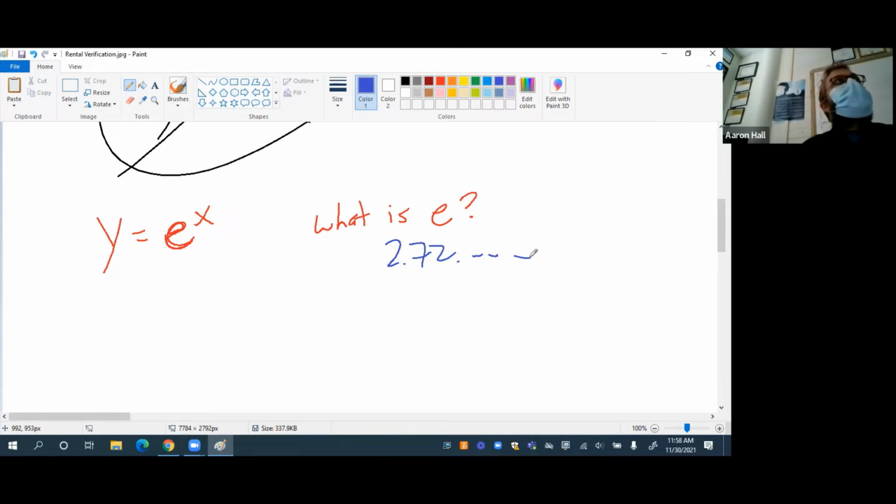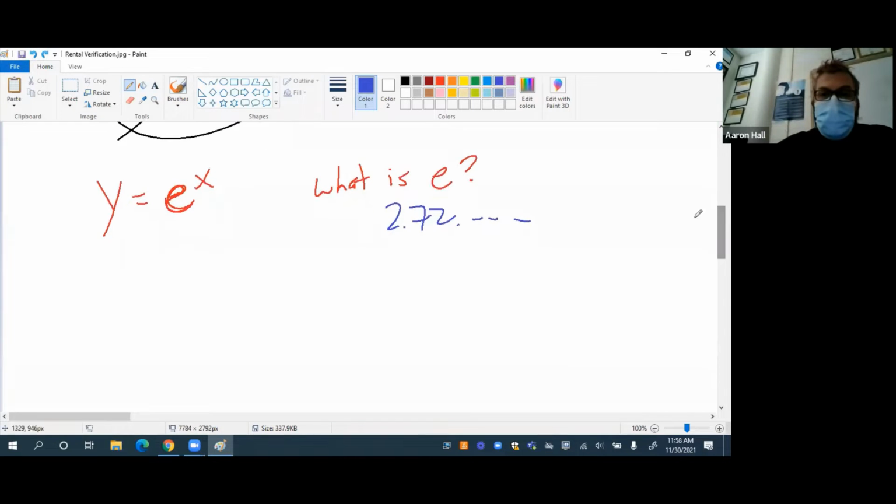Some people call it Euler's number, and maybe that's what the e stands for, Euler, or maybe not. I don't know. But we have this value of e that we use when we compound continuously. We're not compounding once a year, not twice, or even every month, or even every second. We are compounding continuously. We converge on this value of e.